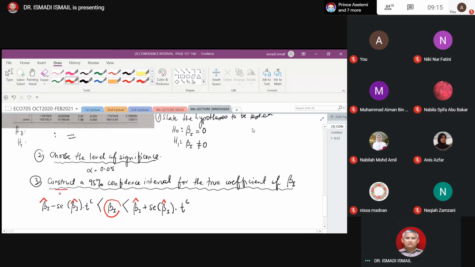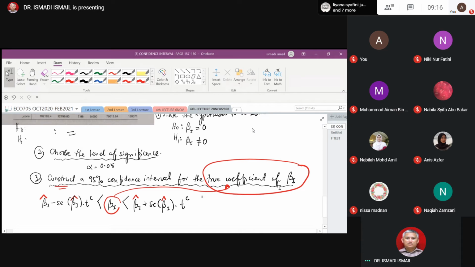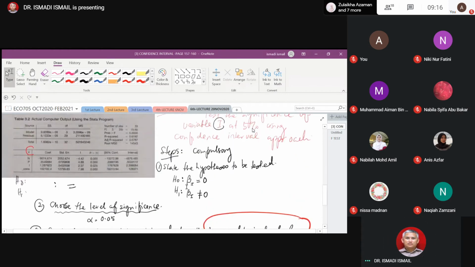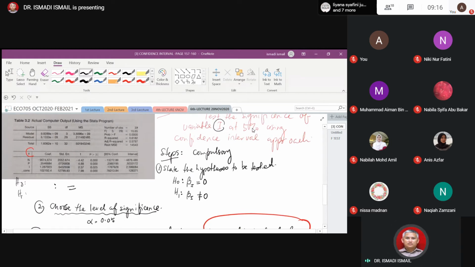We construct the interval for the true coefficient, where critical t at 0.05, where n is equal to 33, and k is the number of independent variables.